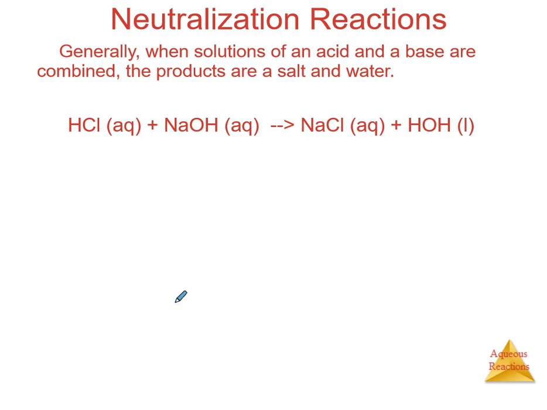Generally, when solutions of an acid and base are combined, the products are a salt and water. If this was a strong acid and base reaction, it always produces the same net ionic equation, which we'll talk about on the next slide. It isn't always strong, though, so we have to make sure that we remember the acids and bases that are strong versus weak.